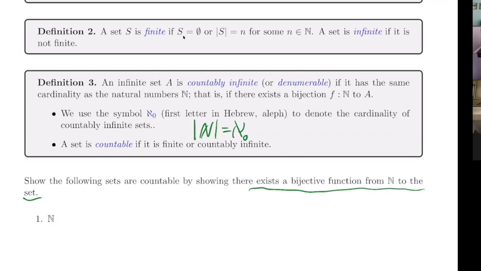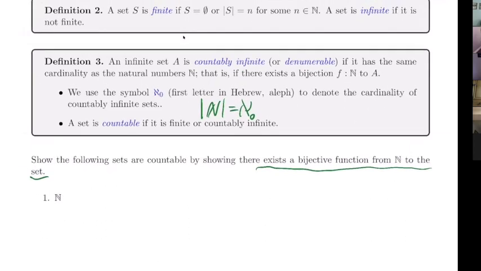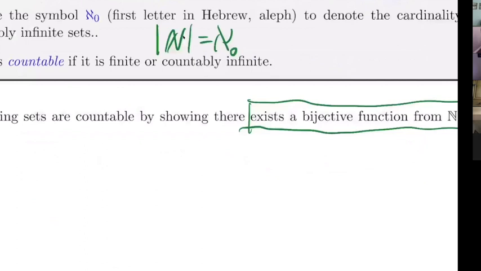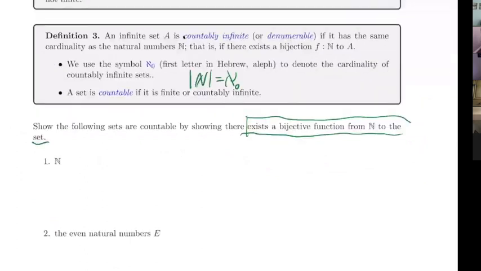If we can show that there does not exist such a function, then we've just identified that this set has more things than the natural numbers. So these proofs showing that a set is countably infinite really boil down to showing that there exists a bijection from the natural numbers to this set.